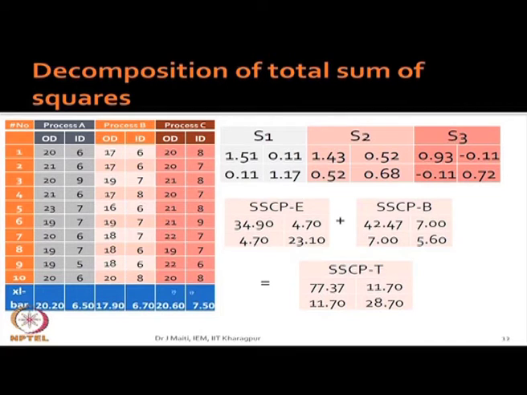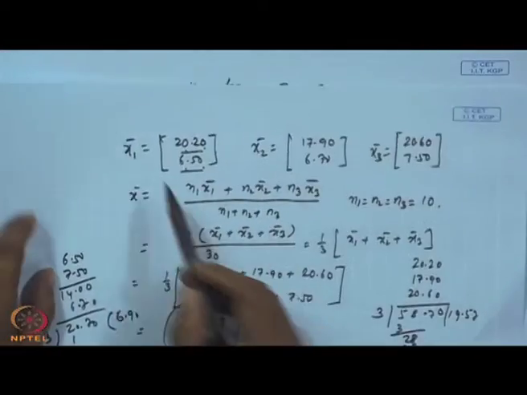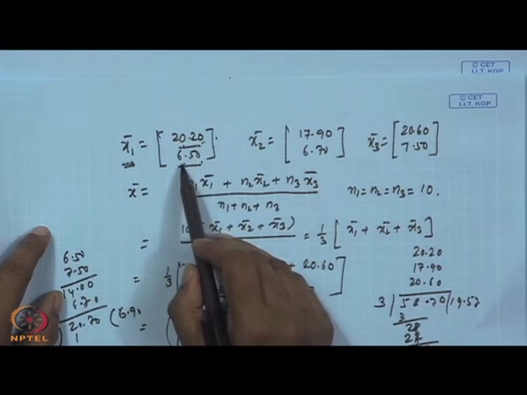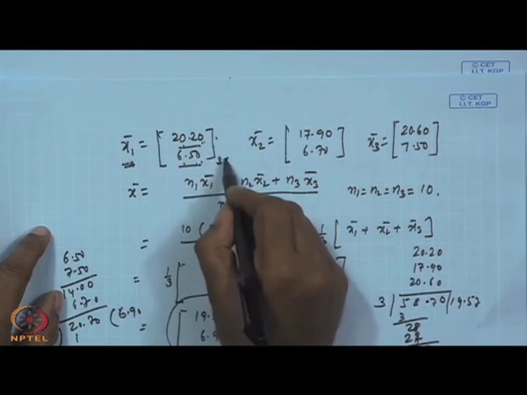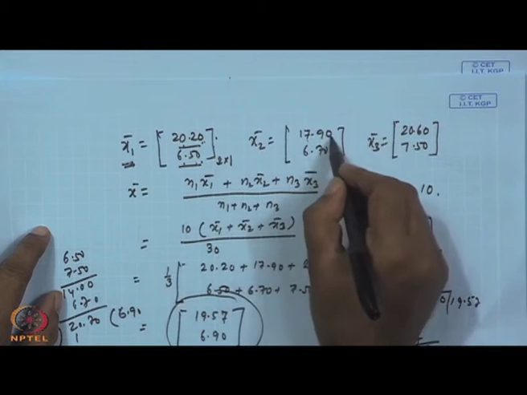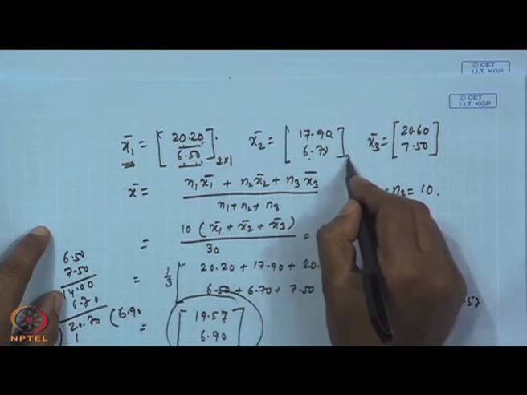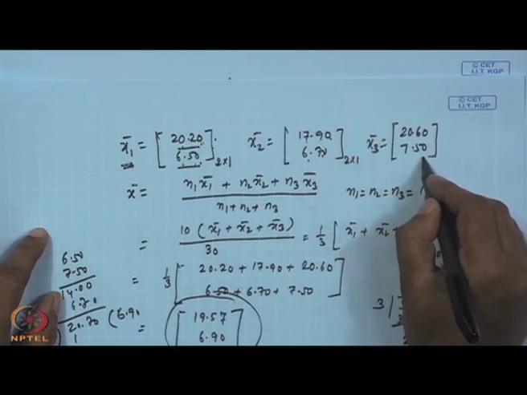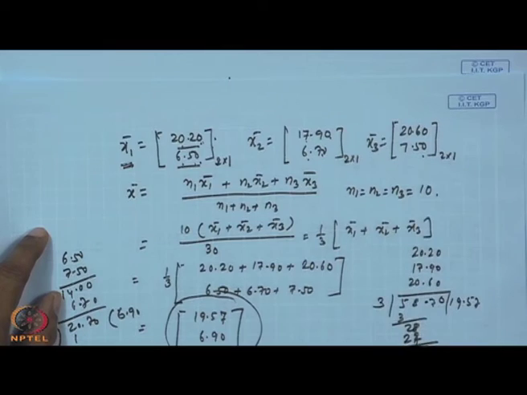For this, you first have to find the mean vectors. These mean vectors are x1 bar equal to 20.20, 6.50, which is a 2 cross 1 vector; 17.90, 6.70, which is also 2 cross 1; and x3 bar is 20.60, 7.50, which is also 2 cross 1.